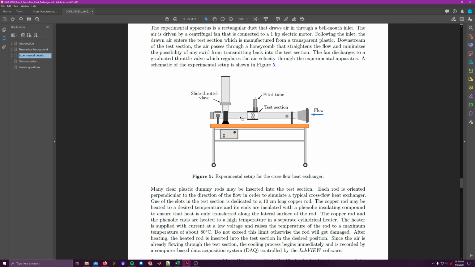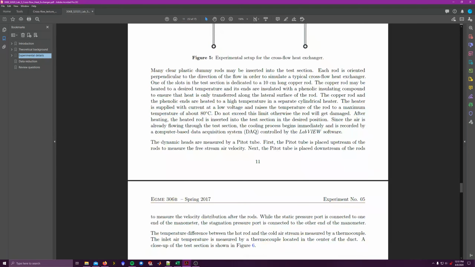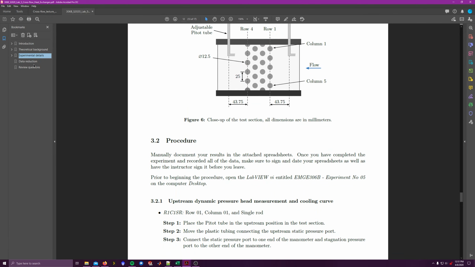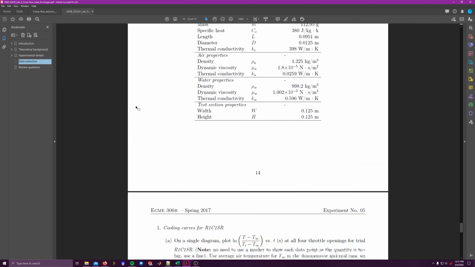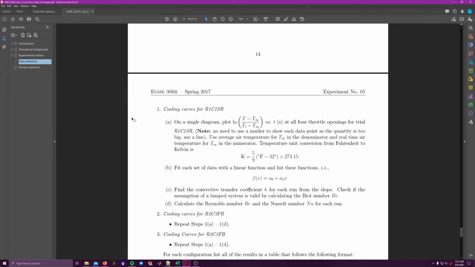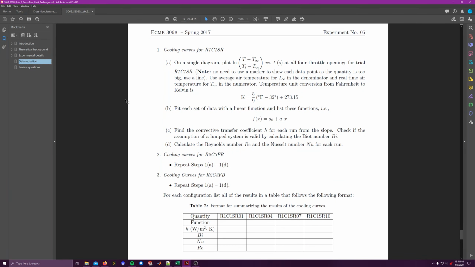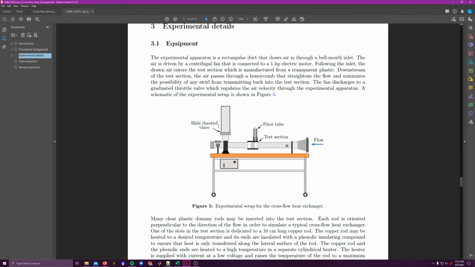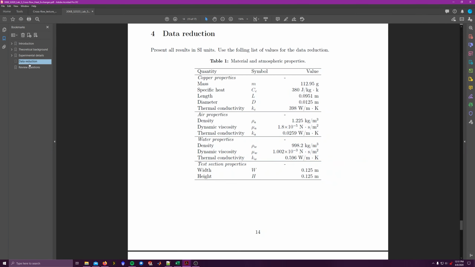Okay, and then we're gonna have that convective cooling, and then we're basically going to collect some data where we have a data acquisition system that's going to basically record everything for us. And what we're going to do is we're going to plot our dimensionless temperature distribution here versus time for all 4 throttle openings. So that's kind of like what we did in lab 2, where we adjusted this opening here to increase the flow rate.